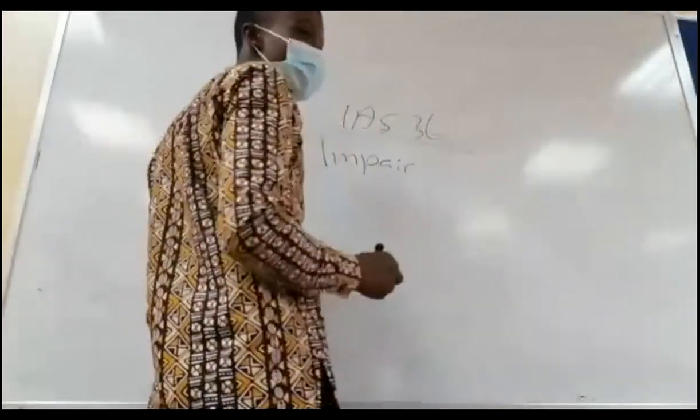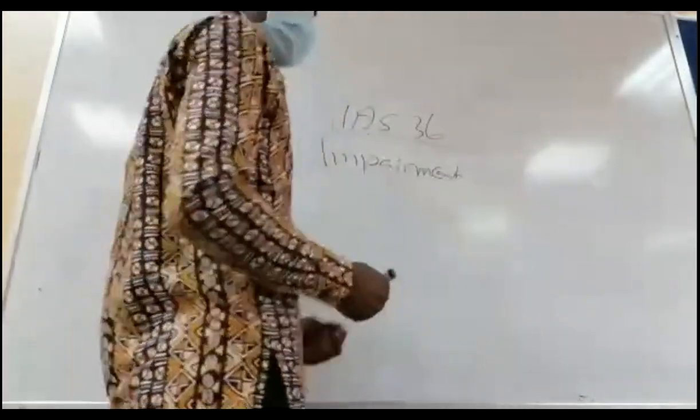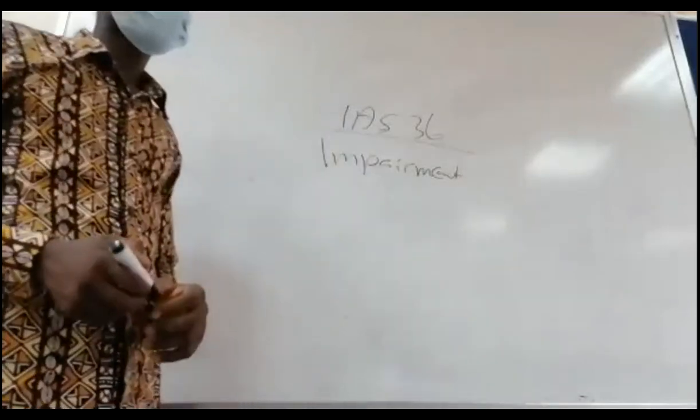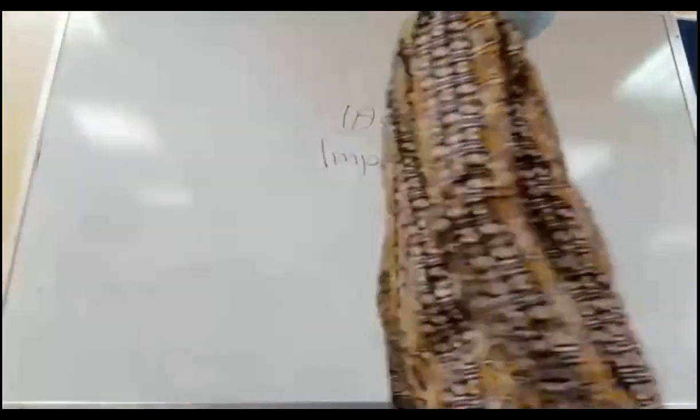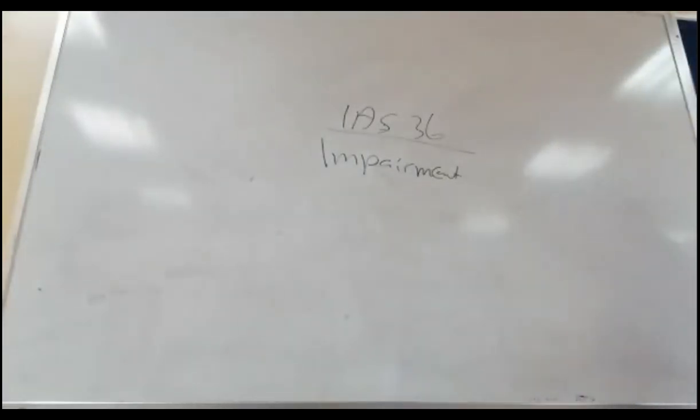How to test and how to account for impairment. What is impairment? An interesting section. Impairment. So IAS 36, impairment of assets.